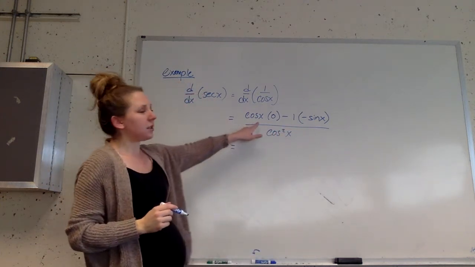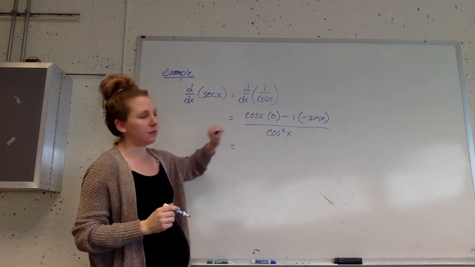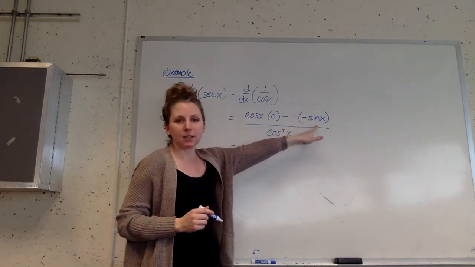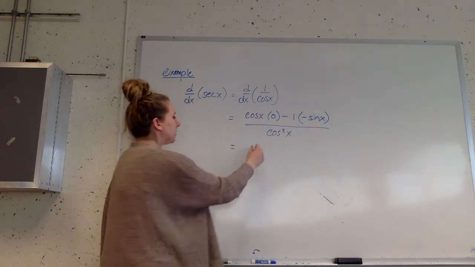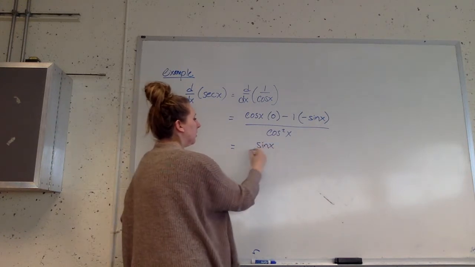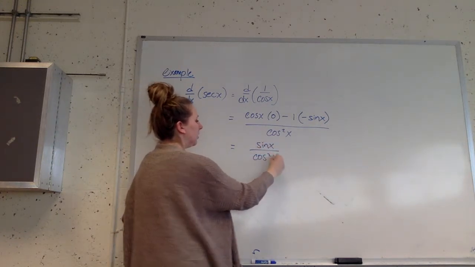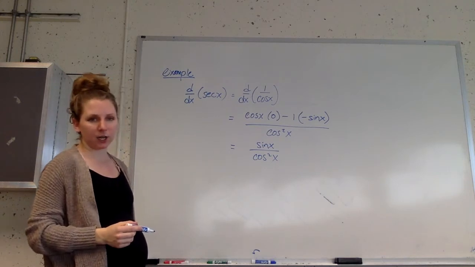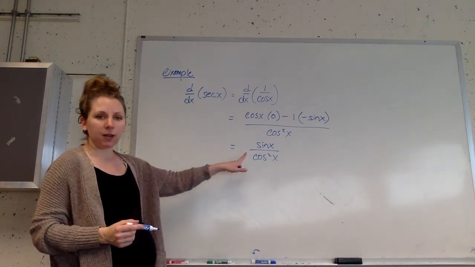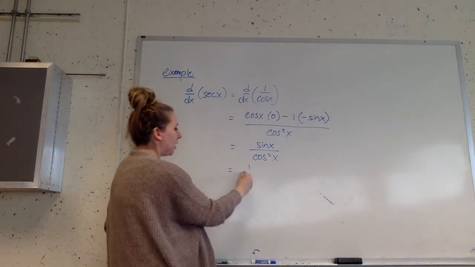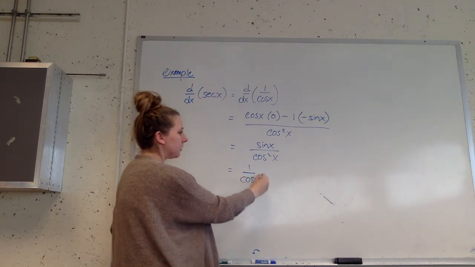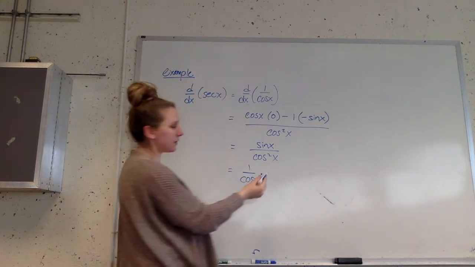So simplifying that, cosine of x times 0 is 0. Minus 1 times minus sine x is a positive sine x. And we have that over cosine squared x. Now I can write this as 1 over cosine of x times sine x over cosine of x.